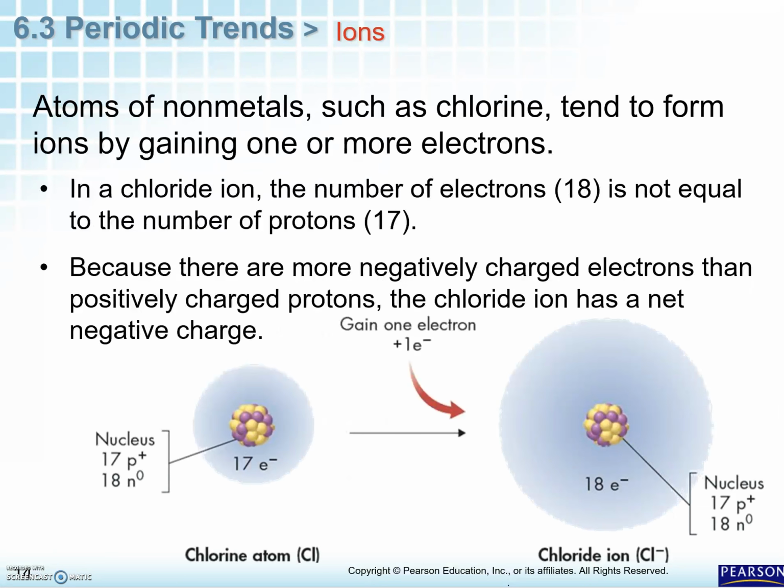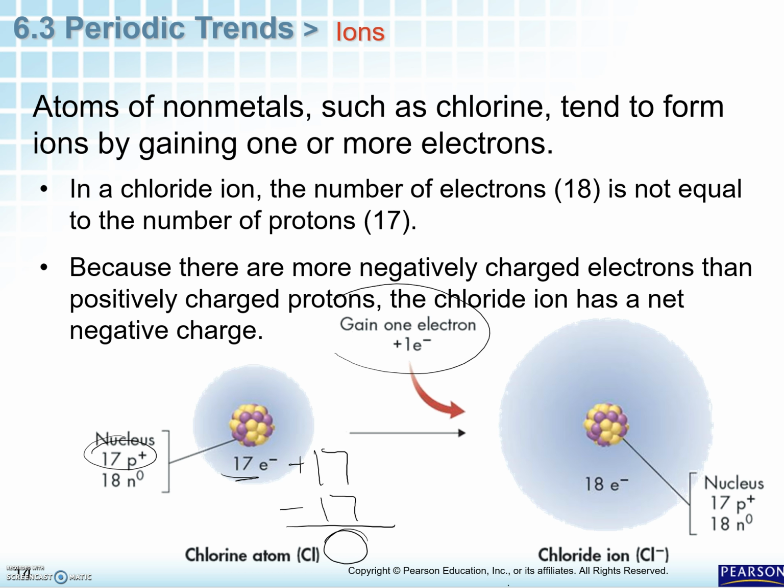Now there are some negative ions, and that occurs by gaining electrons. One example here is chlorine. We start out with 17 protons, 17 pluses, and we have 17 electrons because atoms are always neutral, giving us that 0 charge.